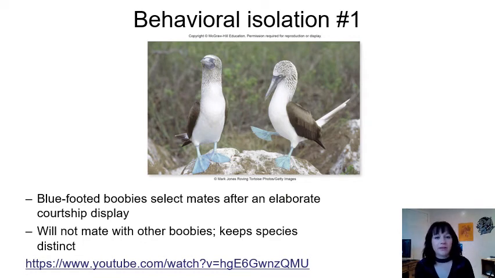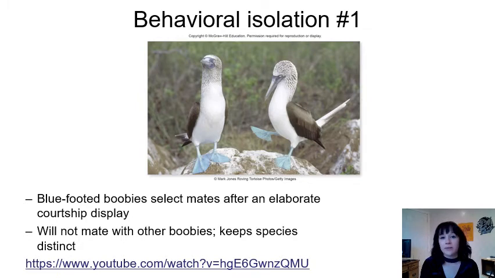Another example, here we have an example of behavioral isolation in blue-footed boobies. This is a type of bird, and this genus, the blue-footed boobies, as you can see, have blue feet. They mate with an elaborate courtship behavior where they lift their feet up, show their feet to the female, bring a gift over, and do a bow.